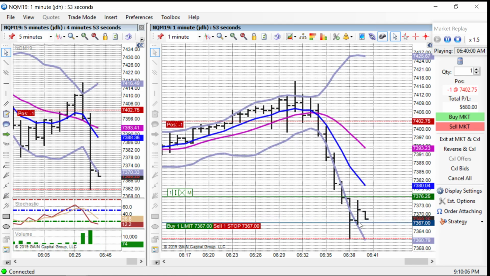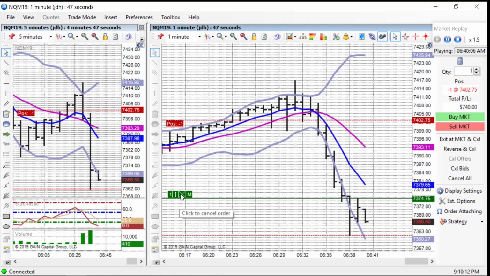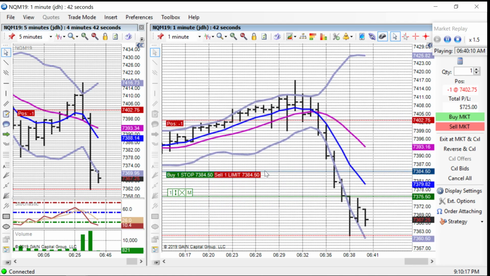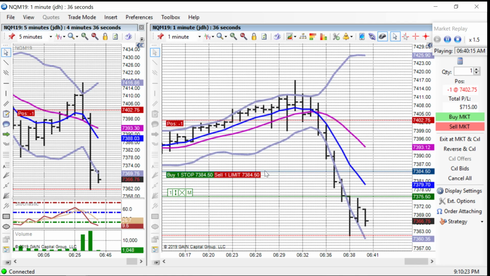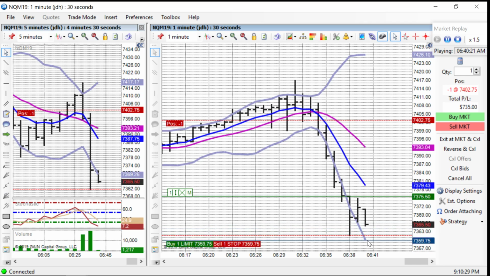That looks like it's going to reverse right there. So we'll just move it slightly above the high of the last bar. Often before it reverses, you'll find the bars start getting shorter and they get closer to the Bollinger Band.